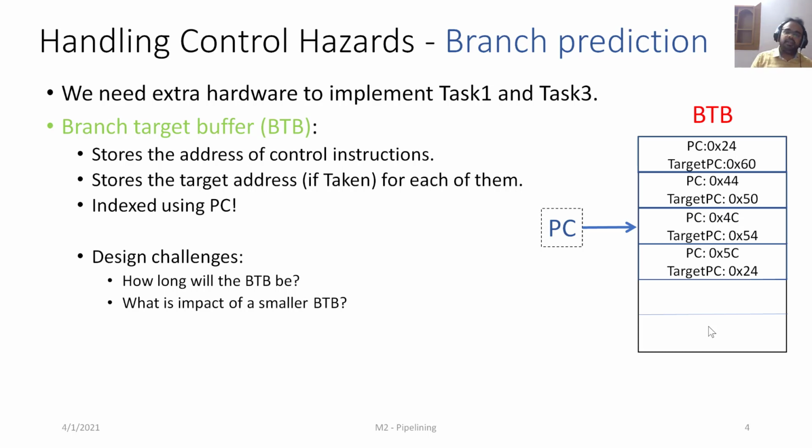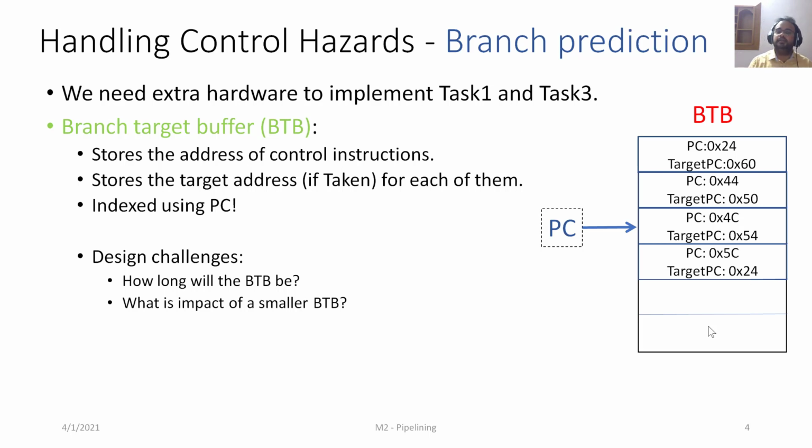Even though I'm able to identify all 20 control instructions the very first time I execute, I can keep only 10 of them at any given moment in the BTB. So it has a negative impact on performance also, because when the PC is checked, if it is not part of the 10 PCs that we are storing in the BTB, we will not be able to make a guess whether it is a control instruction or not. So task 1 itself will get unanswered. Forget about task 3 anyways.